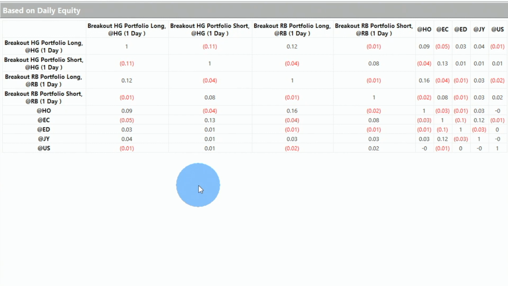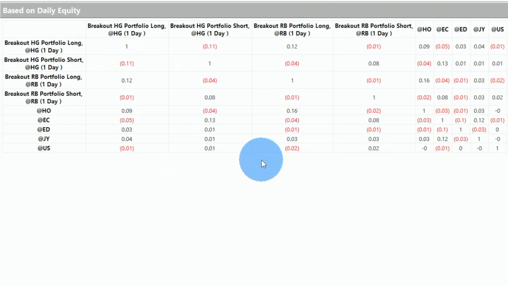It's not necessarily that you're going to get this in the beginning, but the more strategies you have, the easier it's going to get. But this is your ambition, to get 0 correlated strategies. Now, I know it doesn't look like 0, but believe me, this is 0. 0.12, 0.01, 0.09, all these are considered 0.